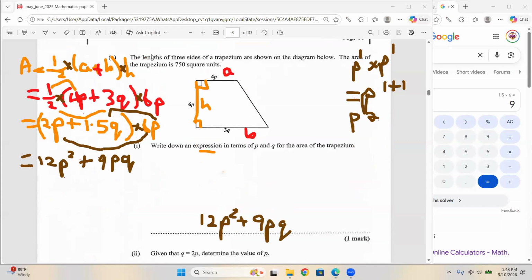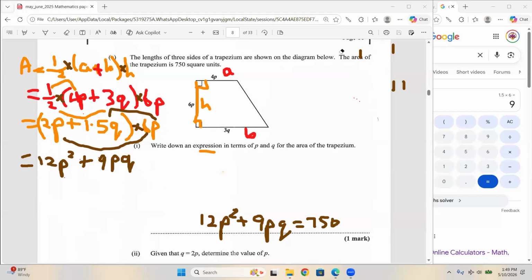Yes, they did. It said the area of the trapezium is 750. Oh, so they give us the answer for the area. So I'll put this equal to 750 because we're going to need this. Because if you do a simultaneous equation, you need answers. You need the full equation. You can't just use an expression. It's not going to work.